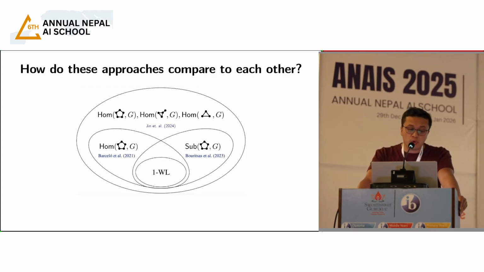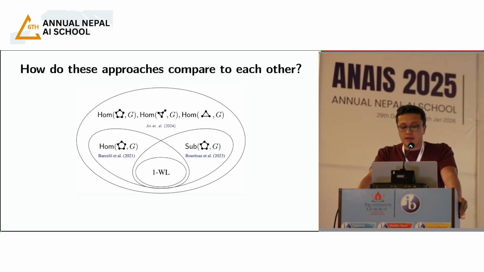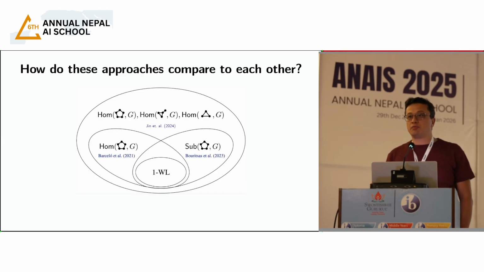So if you want to go beyond 1WL using substructure counting, we can rely on counting induced subgraphs, which is the work on graph substructure networks given by Bouritsas et al., or on homomorphism counting, which is given by Barcelo et al., both of which go beyond the expressive power of 1WL.